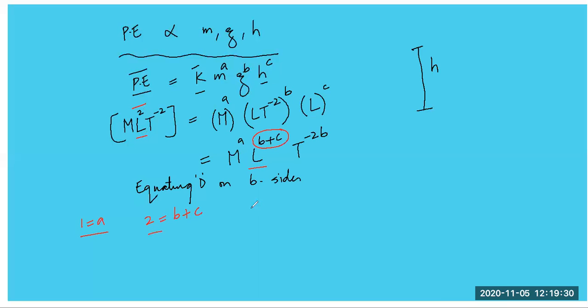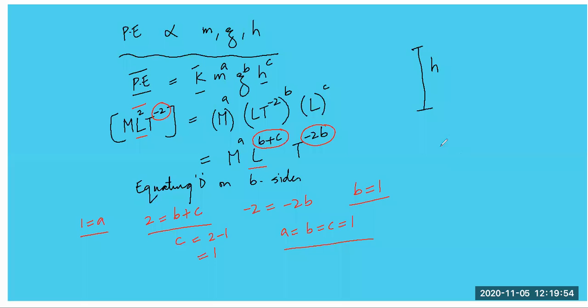And third, for time: minus 2 is equal to minus 2b. So from here I get b is equal to 1. When b is equal to 1, c is equal to 1 minus 1, which is 0. So you see, you got a, b and c.